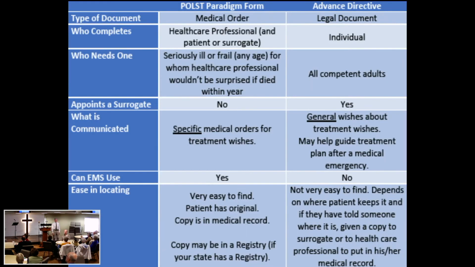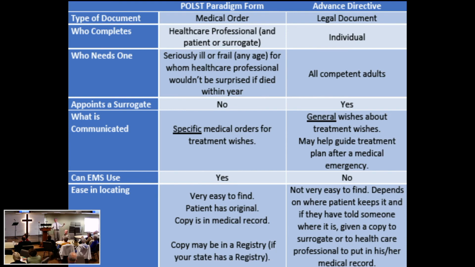This is the busiest slide, so I'll go through it slowly. Who completes it? You do it with your doctor and either you or your POA. When you make a living will, you're sitting there with a lawyer. Who needs one? If you have less than a year to live, you need a POLST form, no questions asked. Anybody can get a living will.